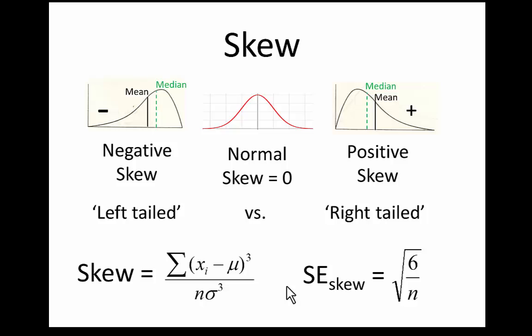Now we can test the null hypothesis that the skew is 0 by dividing our observed skew value from a sample distribution by the standard error. And that ratio is distributed according to the normal z distribution, a standardized normal z distribution. That test, however, is not as useful as one might think, and the reason is, as the samples become larger, the standard error for skew becomes very small, and so the tests of significance for departures from normality become very sensitive with really large samples, but they're not very sensitive for smaller samples.